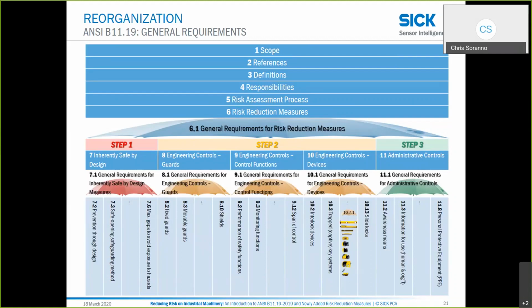I need to go up further for general requirements for all engineering control devices, and up one more level for general requirements for all risk reduction measures. So it might seem slightly confusing at first, but the intent truly was to streamline the document. The document's now over 250 pages long, and if we were repeating the same core elements or general requirements multiple times, that would have exacerbated that, and it would have been a 500-page document easily.